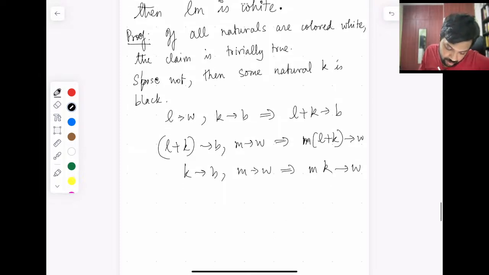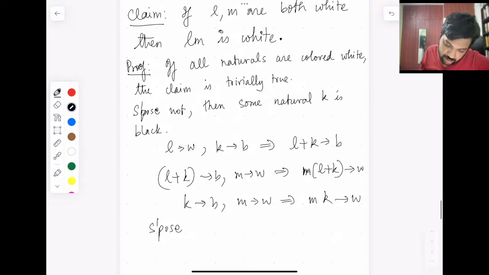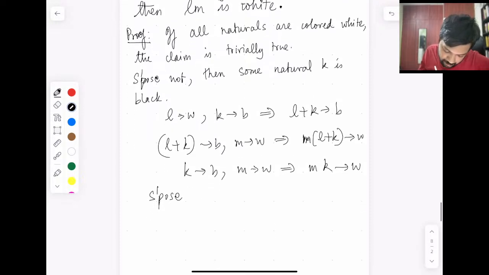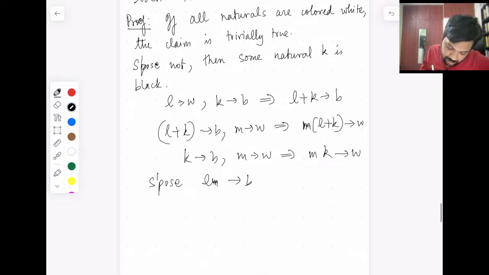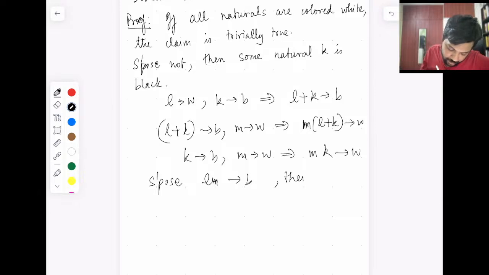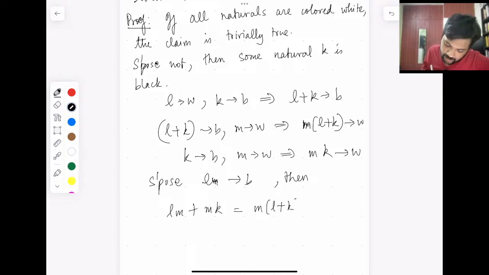Now we prove by contradiction. Suppose LM is black. Suppose LM, this arrow means is assigned black color. LM is black, then LM plus MK is equal to M into L plus K, and this is white, MK is white and LM is black.